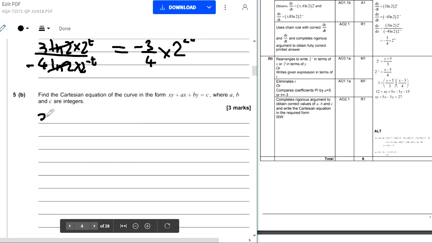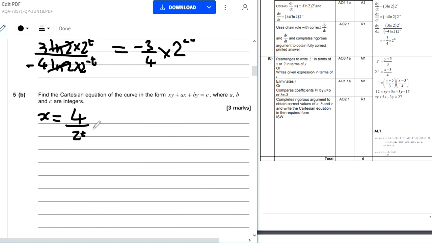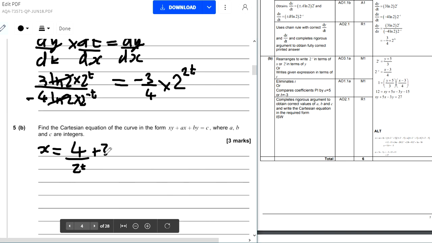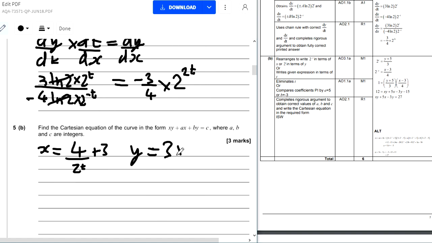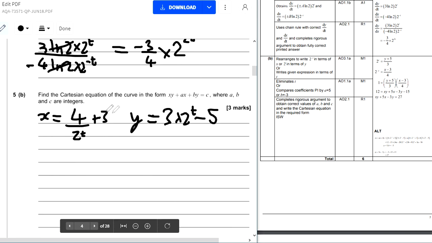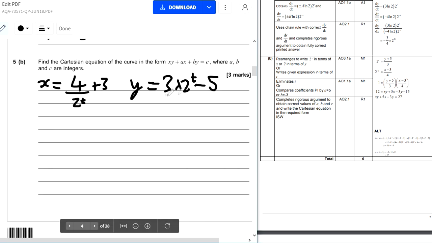We're going to have x equals 4 over 2 to the t plus 3, and y equals 3 times 2 to the t minus 5. I think that's what it was. Yep. So here you can see the common term is 2 to the t. So really we want to rearrange these so that we have 2 to the t.